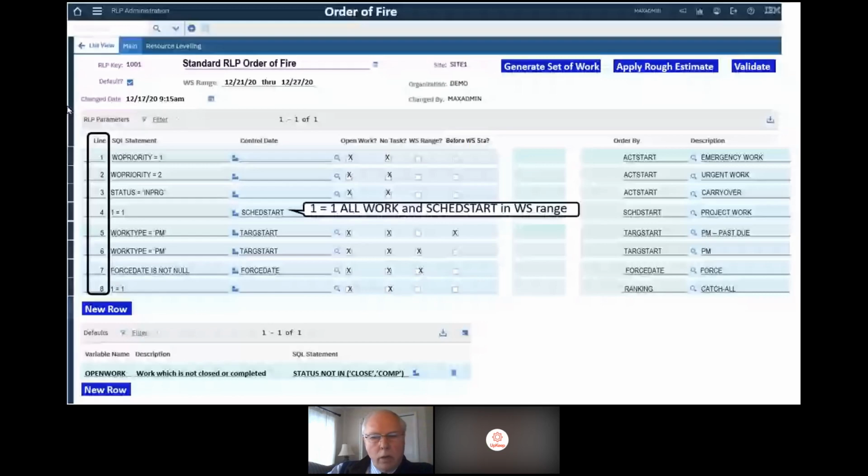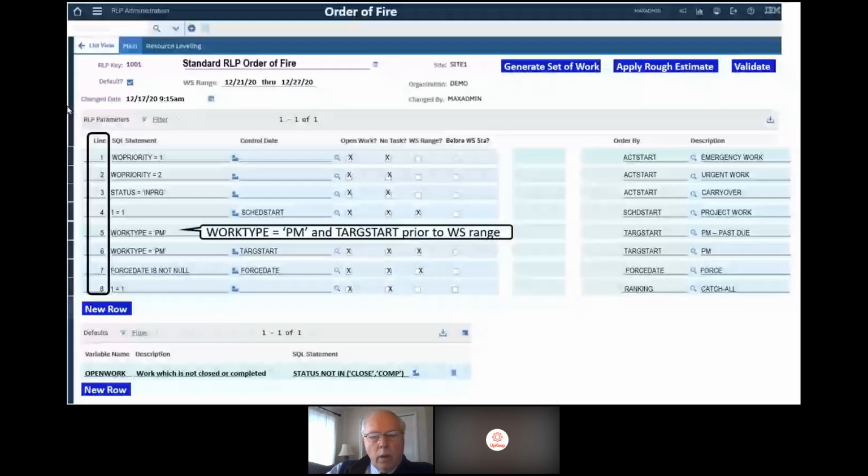Well, we better schedule it. PM work with a target start prior to the weekly schedule range. Well, how the heck did that happen? It wasn't done. So we're giving it priority based upon where we placed it in the order of fire, and it will be considered before the regular PM work. You can write this any way you want.